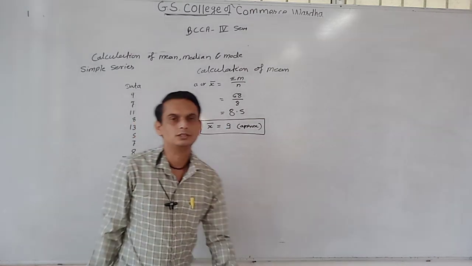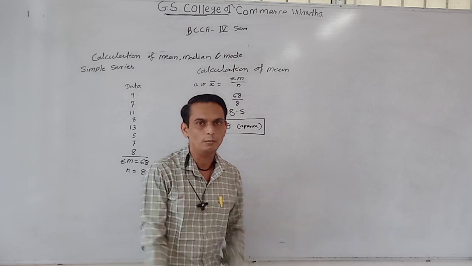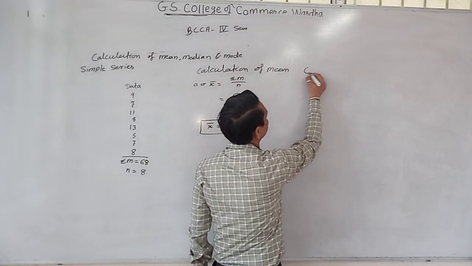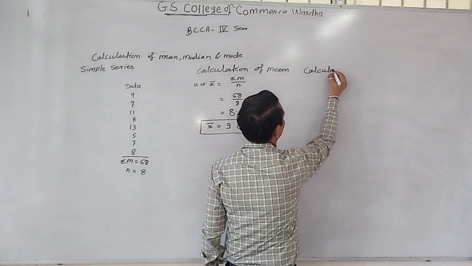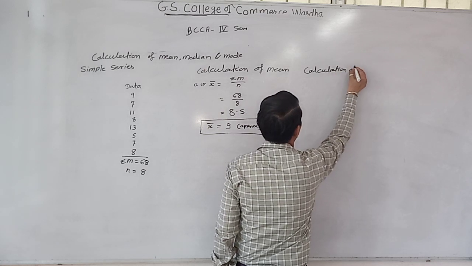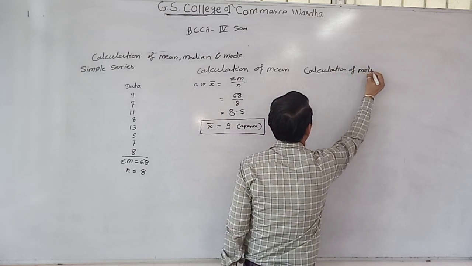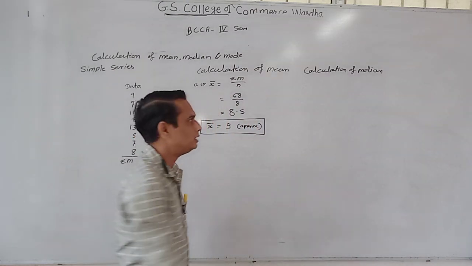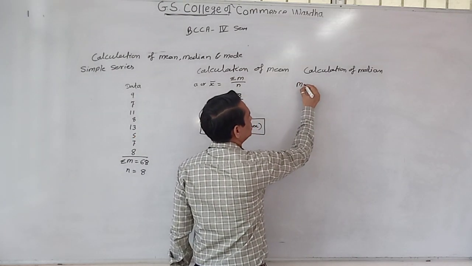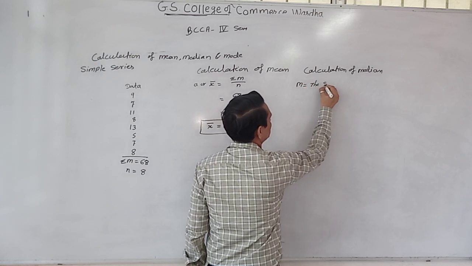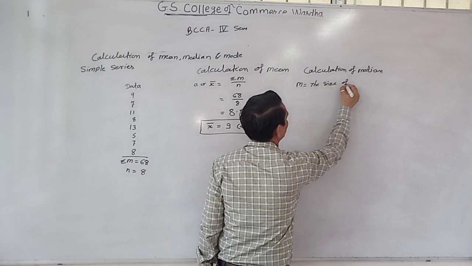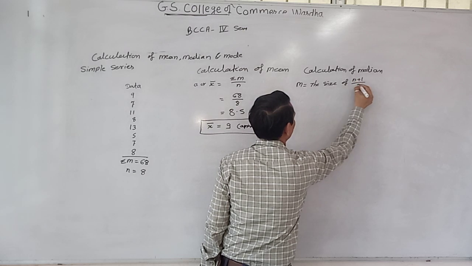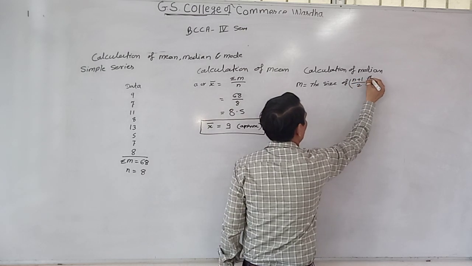The second calculation is the calculation of median. The formula for the median is M equals the size of (n plus 1) divided by 2 item.